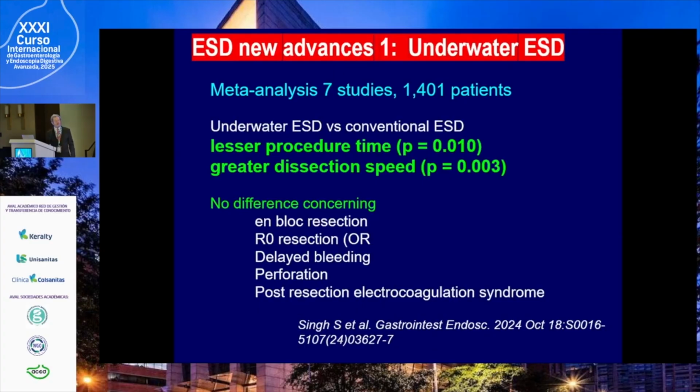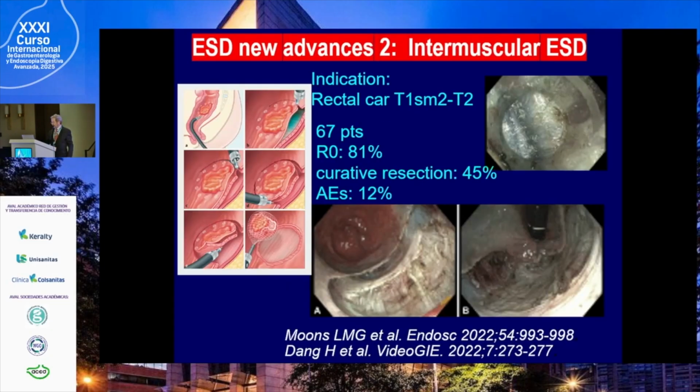So, and now just to finish on ESD, underwater ESD is also interesting. You have a lesser procedure time, you have a greater dissection speed, but there is no difference finally, nevertheless, in R0 resection, okay? So now we are doing more and more frequently underwater ESD, such as underwater EMR.